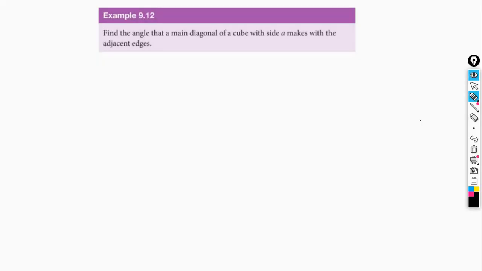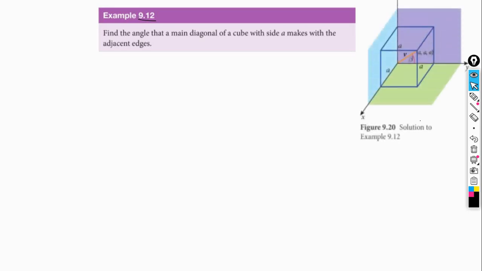So we continue with example 9.12. It says, find the angle that a main diagonal of a cube with side A makes with the adjacent edges. We can place the cube in a coordinate system such that 3 of its adjacent edges lie on the coordinate axes as shown in figure 9.20.